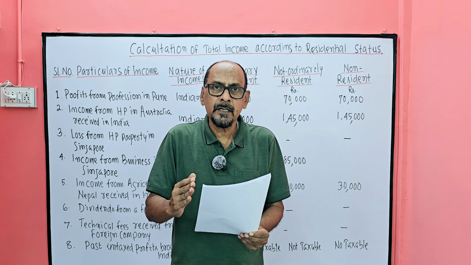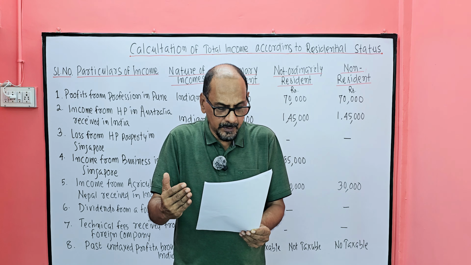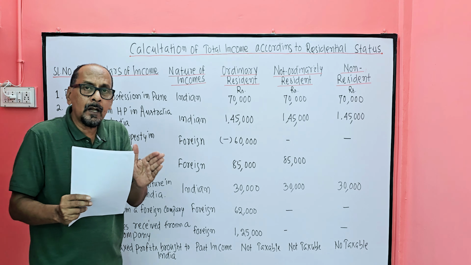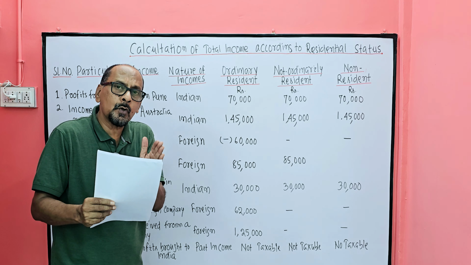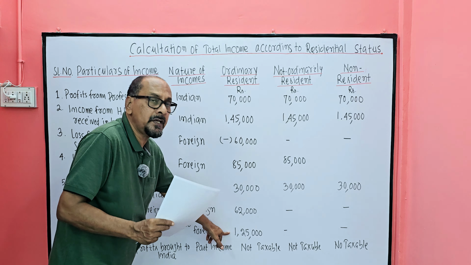The services are in Hong Kong and the company is a foreign company, both in a foreign country. So 1,25,000 is purely a foreign income, and it is taxable in case of an ordinary resident.